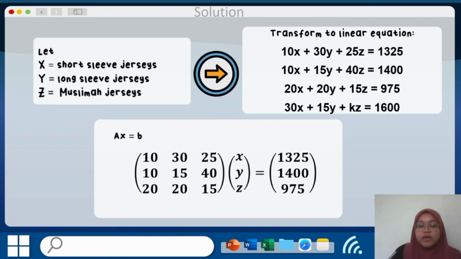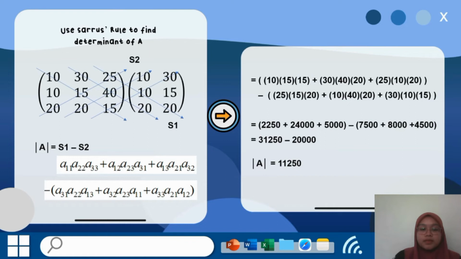And then we have to transform the linear equations into an augmented matrix AX equals B. So we got 10, 30, 25, 10, 15, 40, 20, 20, 50, X, Y, Z equals 1,325, 1,400 and 975.